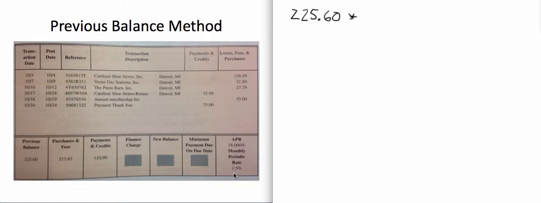This is 1.5%, which you can find by taking your APR divided by 12, so it's 0.015. We multiply those two numbers and we get our finance charge, which is $3.38. So that's what we start off with.